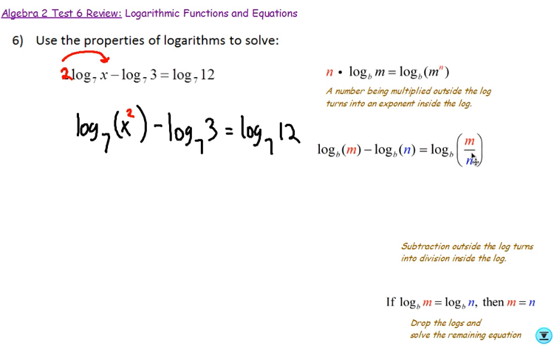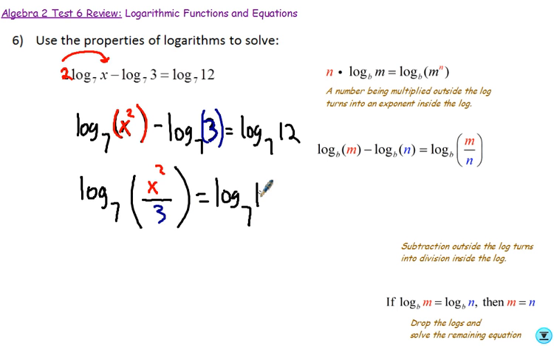So what that would look like is that this would be log base 7 of, and here's my first term, it's just going to be this whole thing, x squared, minus log base 7 of 3. So what I would do is put those together. So my fraction would be x squared over 3 equals log base 7 of 12.